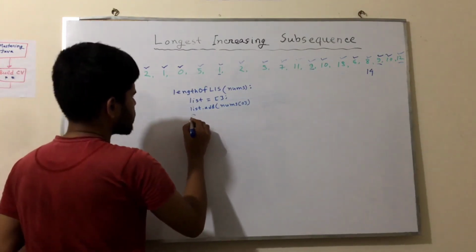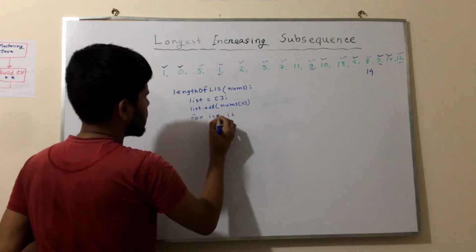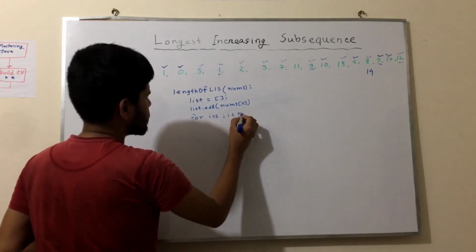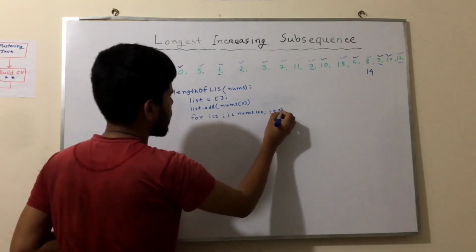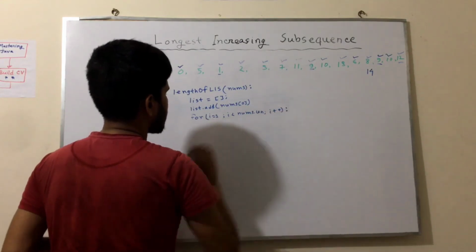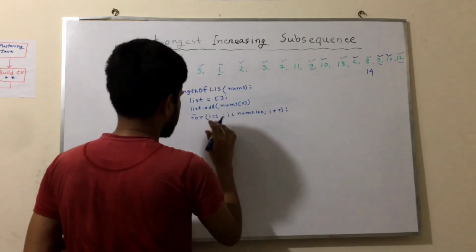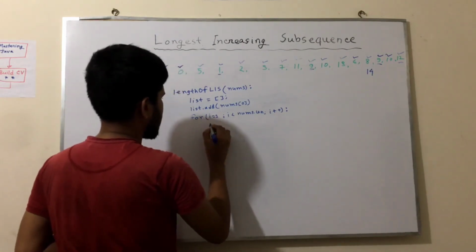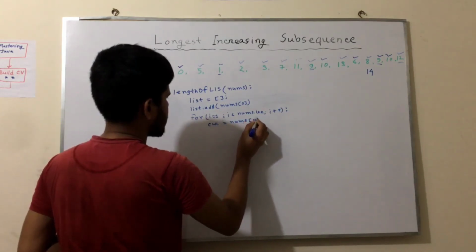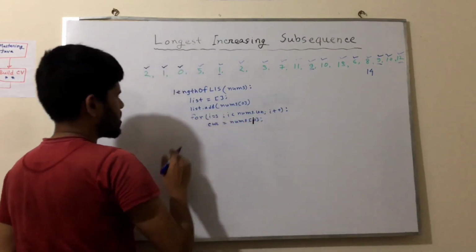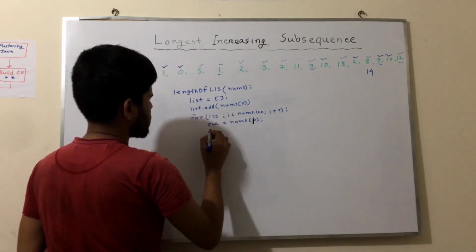Now let's run a for loop from the second element all the way to the end. So i equals to 1 while i is less than nums dot length, i plus plus. This is our for loop. Now here I'm going to check our current element, so let's create a variable current equals to nums i.